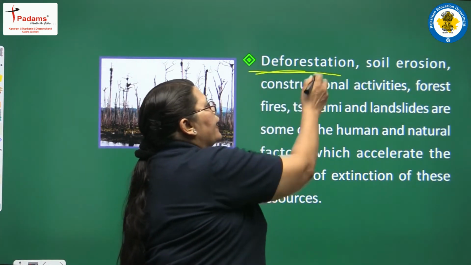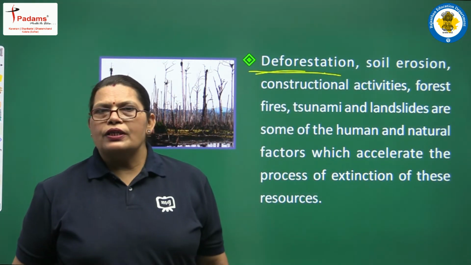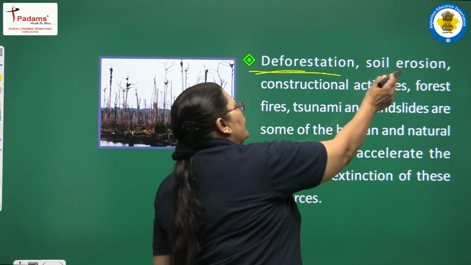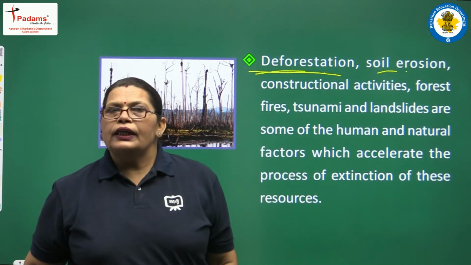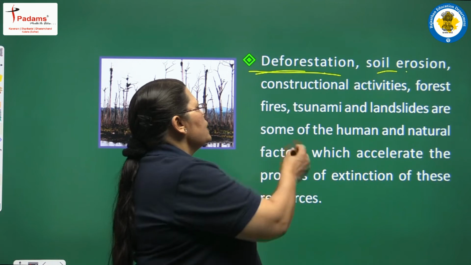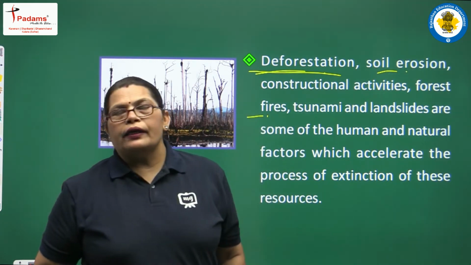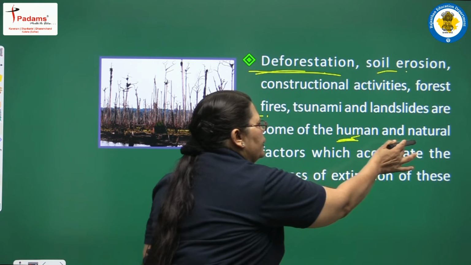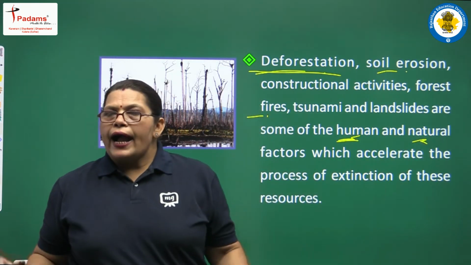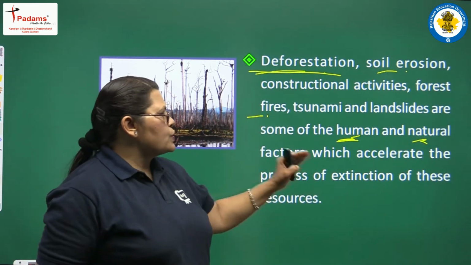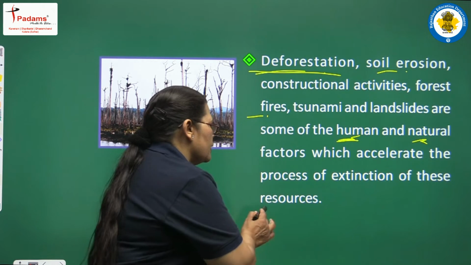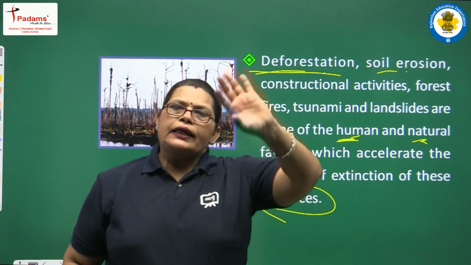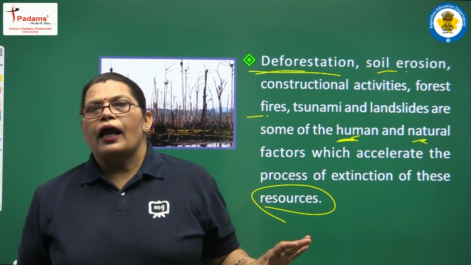See here, another one is the deforestation. We will control this deforestation, soil erosion, constructional activities, forest fires, tsunami and landslides, which are some of the human and natural factors which accelerate the process of extinction of these resources. See, at present many things in the environment happen.